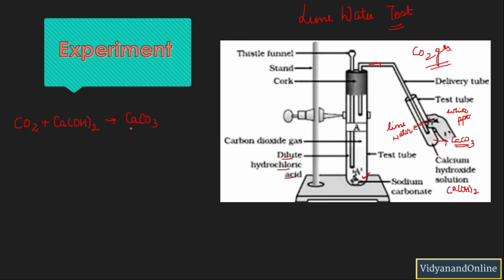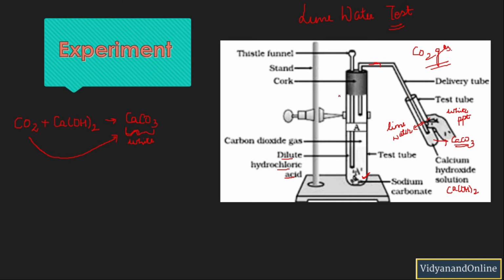Limestone and marble also have the same formula, CaCO3. This calcium carbonate is white in color, and thus you will see that the lime water turns milky. Now the question arises: what will happen if this carbon dioxide keeps on passing into this test tube? We know that calcium carbonate is formed here and we are again passing carbon dioxide.